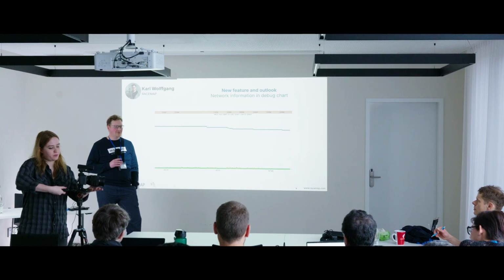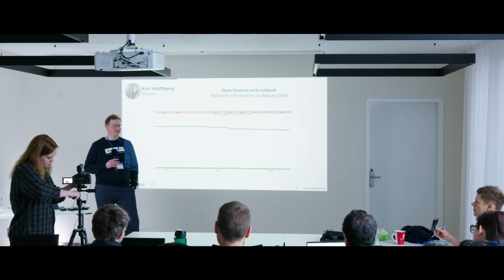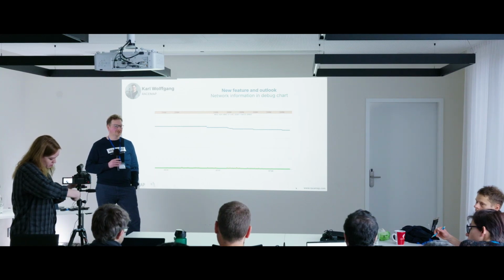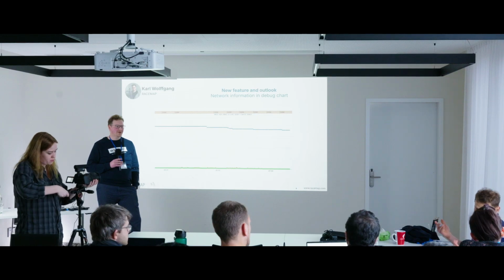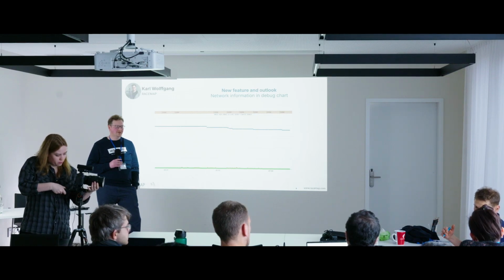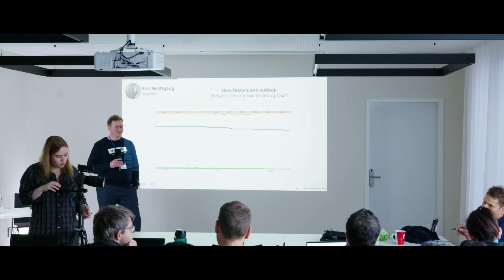Our tracker buffers the locations and sends them back when it gets a connection. So it's stored in memory, and when reception is there again, it will send. It may take some minutes, but the data from memory will be sent with some delay. Okay, so for replay you have more data than for live. Yes.